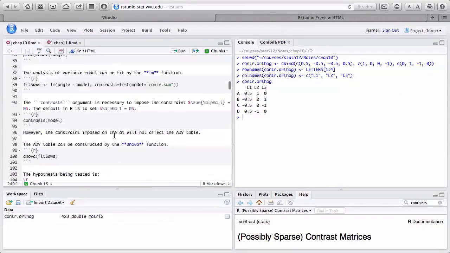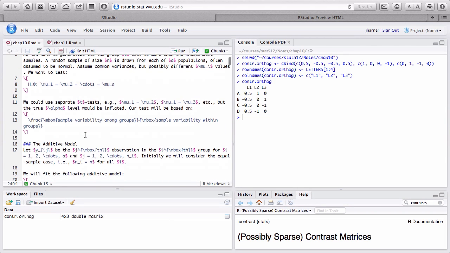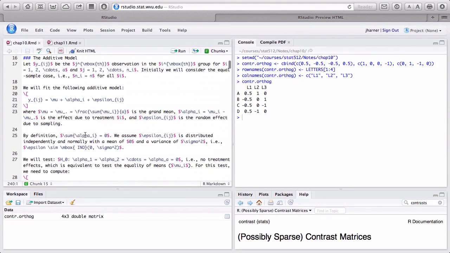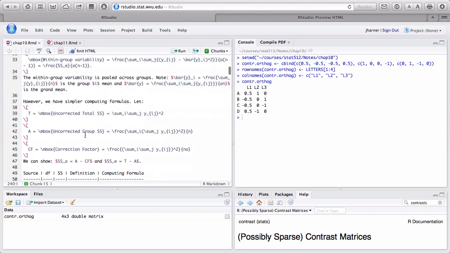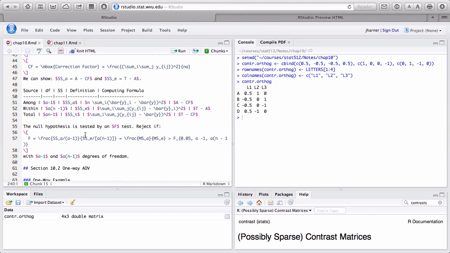What I have to do is go all the way back up here, and I have to read in. In other words, I haven't read in the data yet, so I have to read in the data or it won't find it.